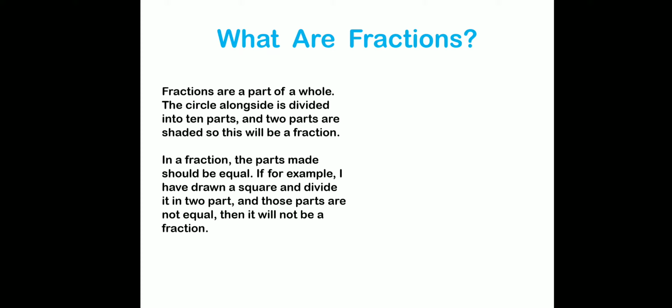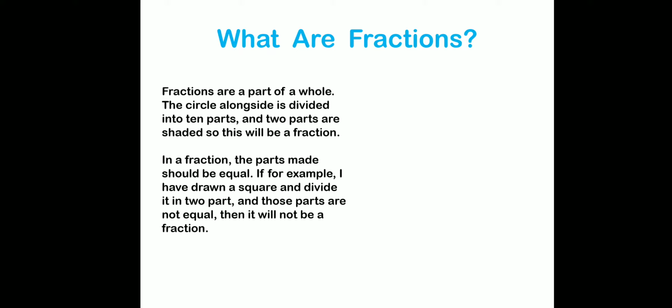Here is one more example. If I have drawn a square and divided it into 2 parts, and those parts are not equal, then it will not be a fraction. Did you understand this sentence? I'll repeat.